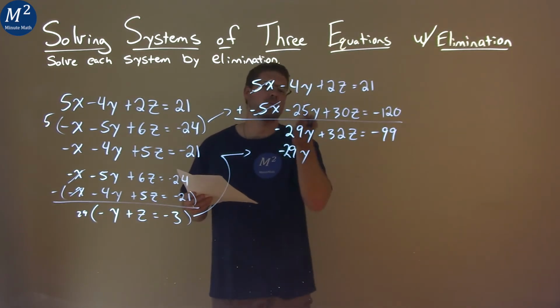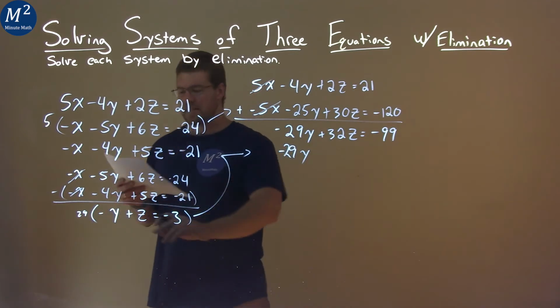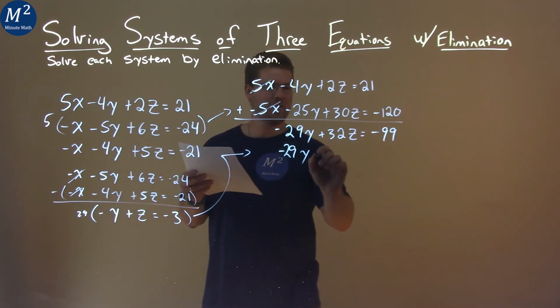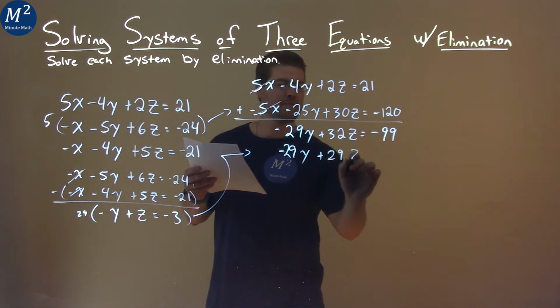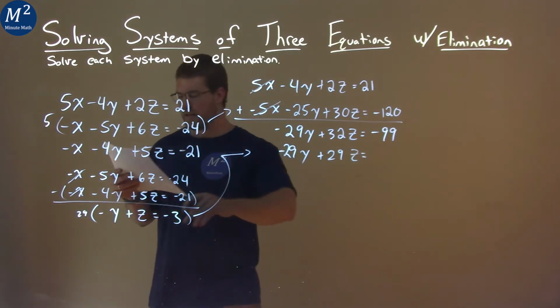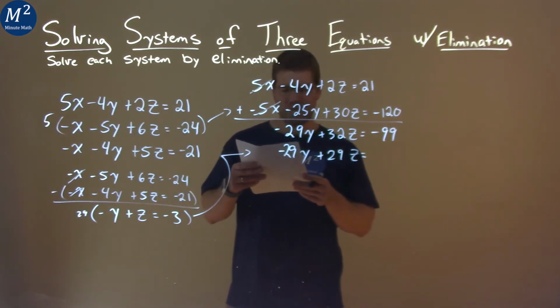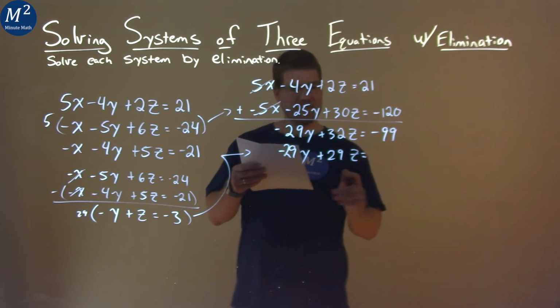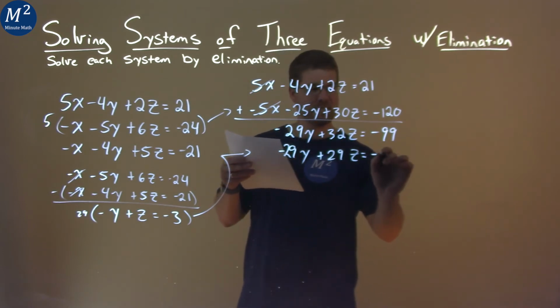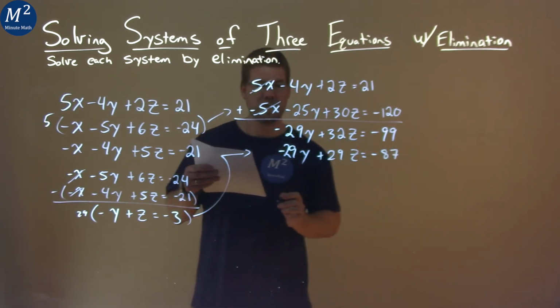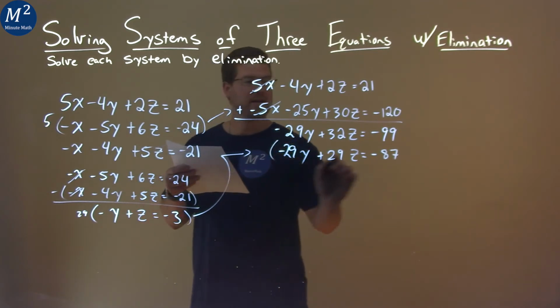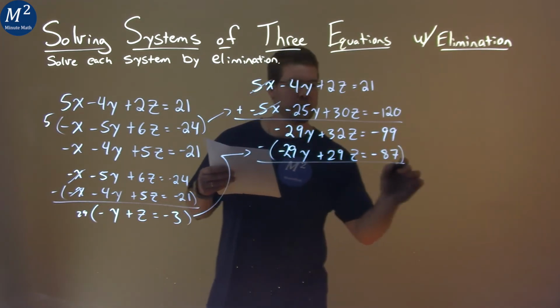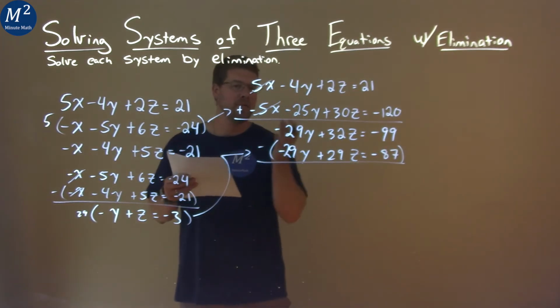That's what we want to find, something to eliminate the y's. 29 times z is 29z. Pretty easy here. This one's a little tricky. 29 times a negative 3 is a negative 87. If I subtract the two equations from each other, we will eliminate the y values.